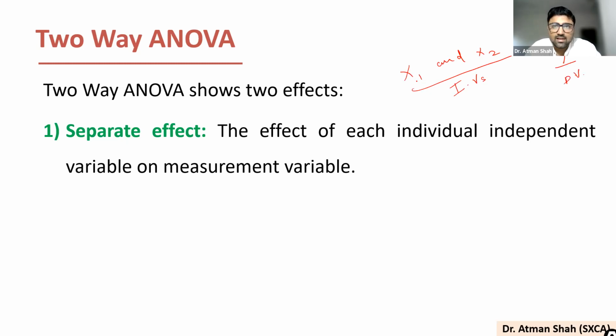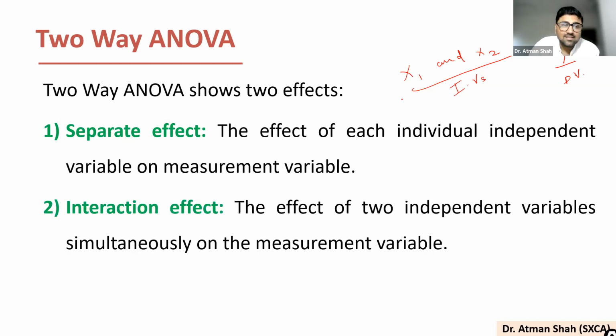This independent variable x1 can have various categories, x2 can have various categories. So what is separate effect? Separate effect indicates the effect of x1 and x2 on y separately, individually. So the effect of x1 on y and the effect of x2 on y, that is separate effect.